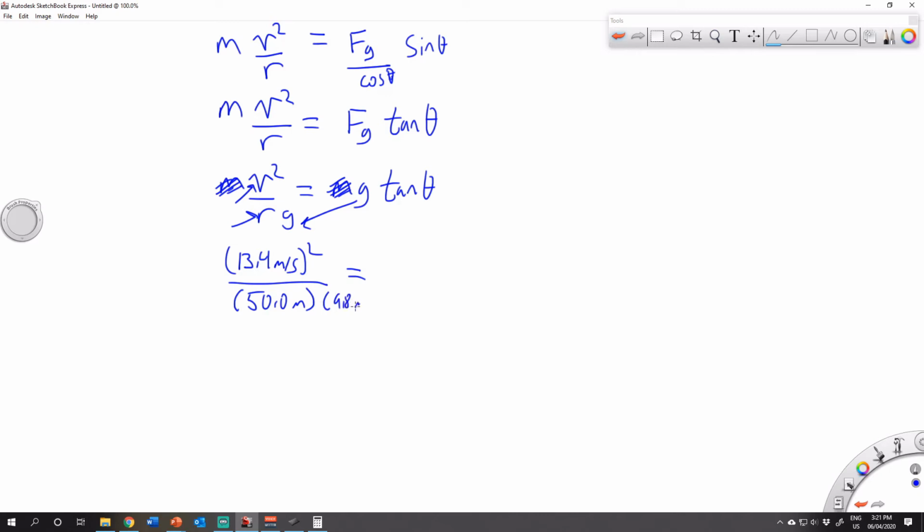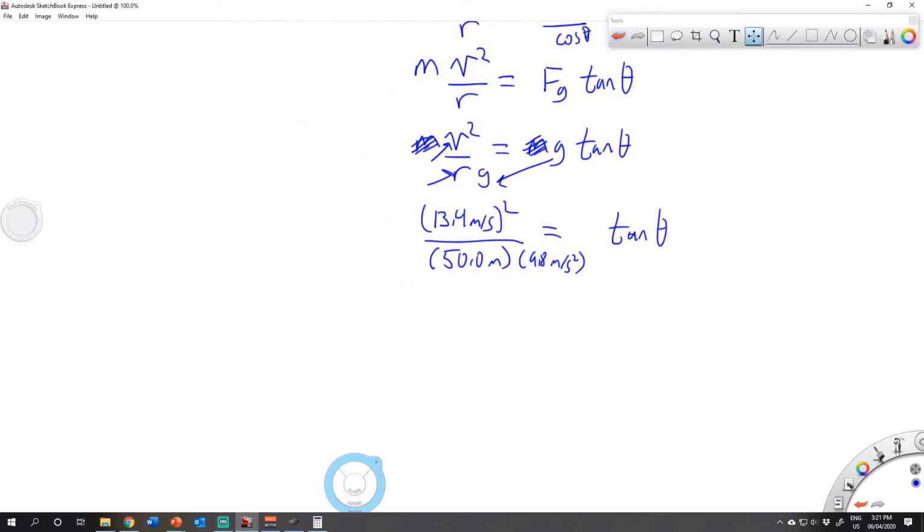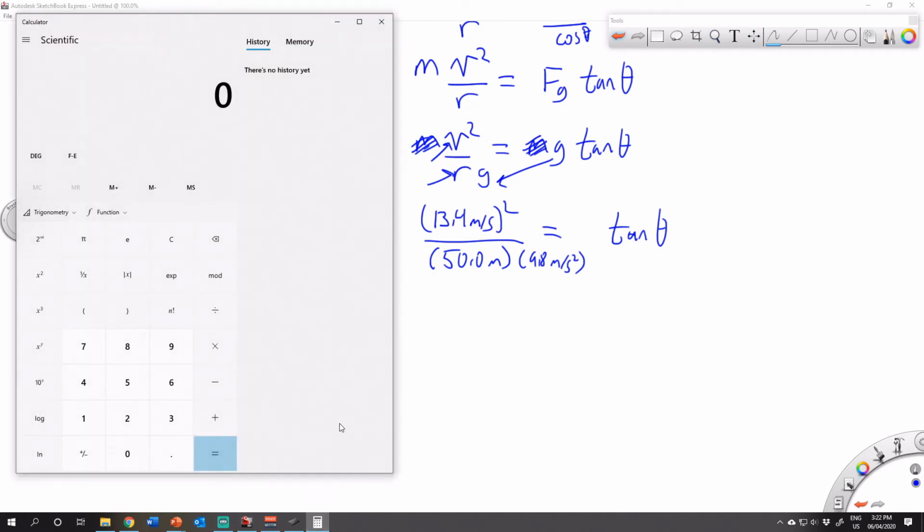So 9.8 meters per second squared, and that'll all equal tan theta. All right, let's pull out the calculator. So 13.4 squared divided by 50 divided by 9.8.